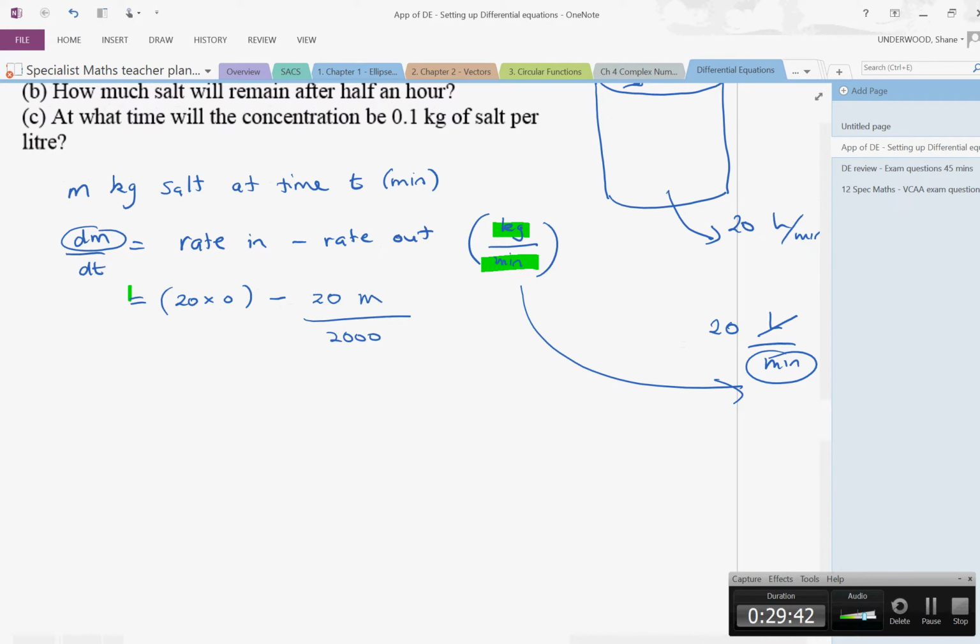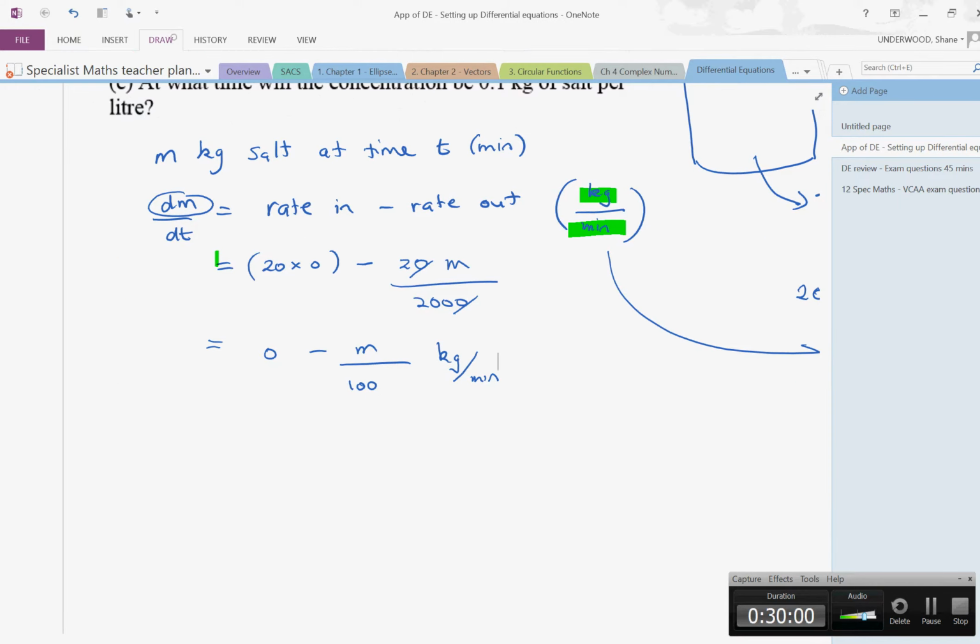Our differential equation that we need to solve is 0 minus m over 100 kilograms per minute. That's our differential equation. We're done. That's an easier one because inflow and outflow in litres per minute are the same.